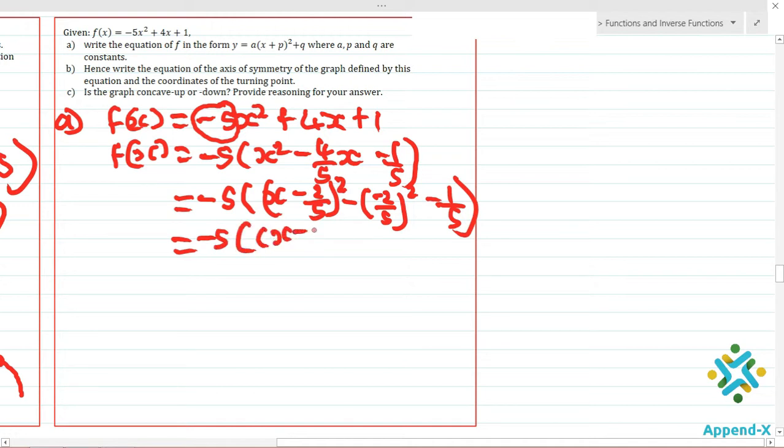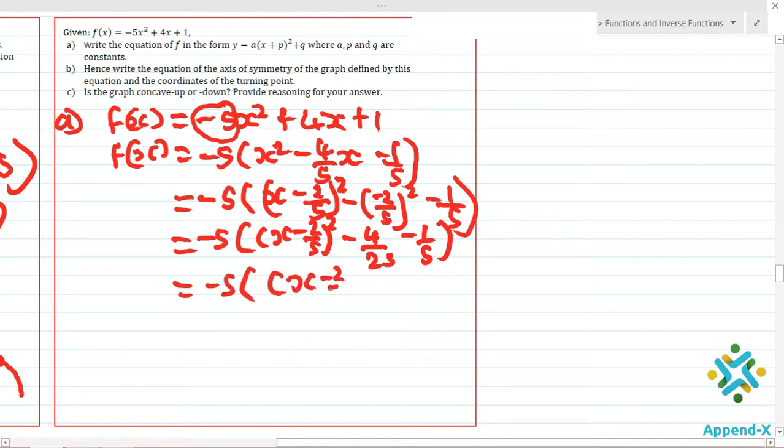Okay, now this is equal to a negative 5 x minus 2 over 5 squared. Okay, this is minus 2 over 5 squared, that is a 4 over 25, minus 1 over 5. Okay, giving us negative 5 open bracket x minus 2 over 5 squared, and this is negative 9 over 25.